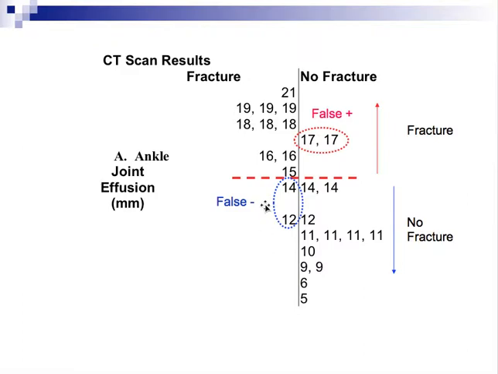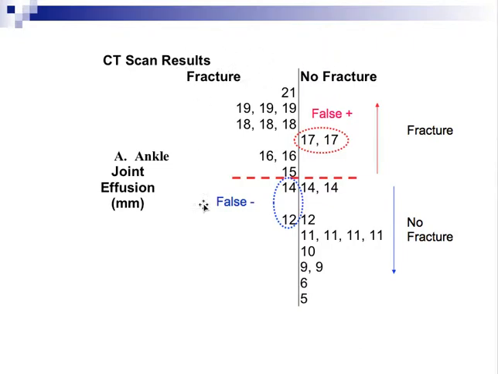So what we want to do, though, is motivate the different uses of a test and how it's interpreted. If we go back to our ankle fracture example, note that in this kind of plot each one of these values is a swelling number for a particular ankle sprain patient, and the fracture number here is what the CT scan result is.